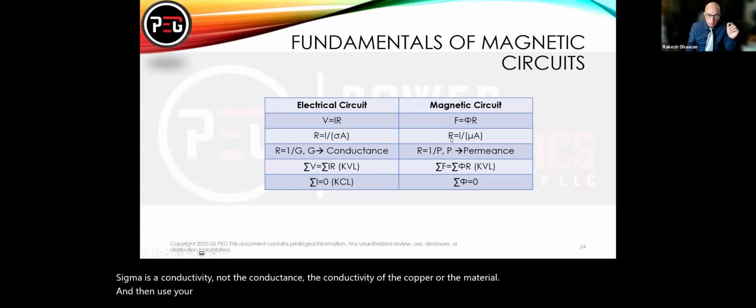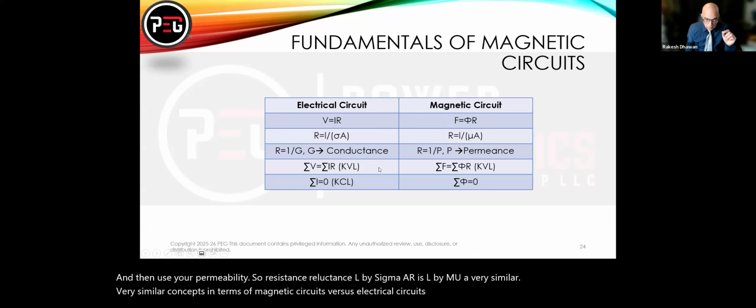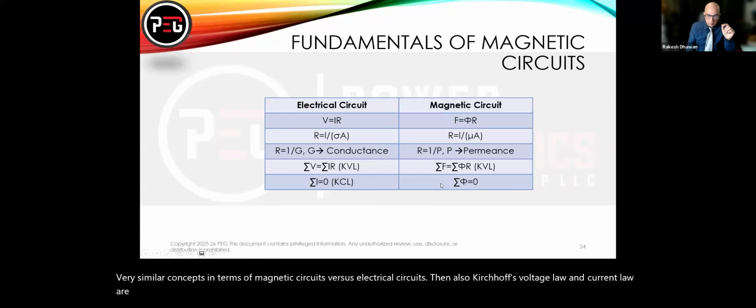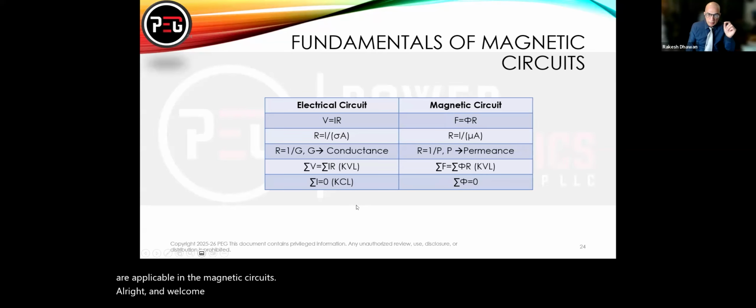So resistance is L by sigma A, reluctance R is L by mu A. Very similar concepts in terms of magnetic circuits versus electrical circuits. Then also Kirchhoff's voltage law and current law are applicable in magnetic circuits. All right. And you are welcome to stop me at any time if you have any questions.